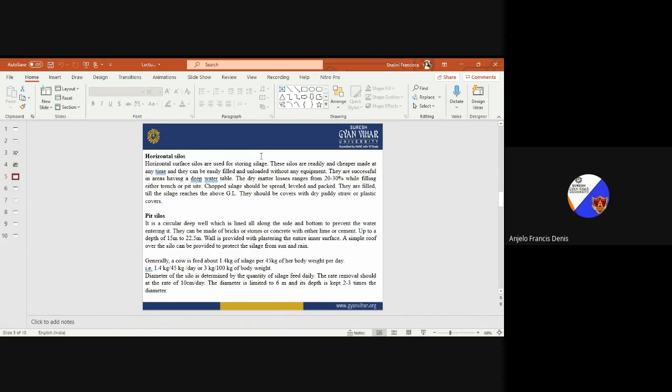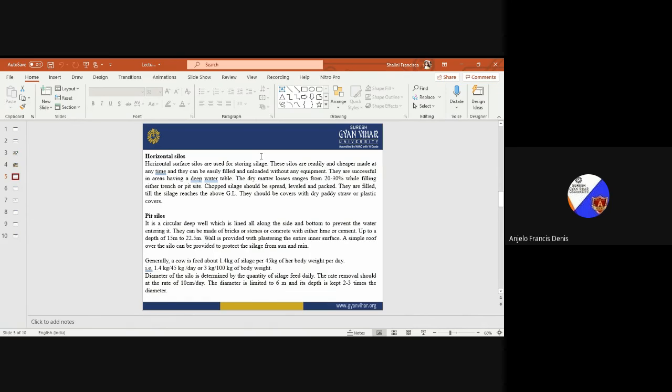Next is pit silos. It is a circular deep well-like structure which is lined all along the side and bottom to prevent water from entering it. They can be made of bricks or stones or concrete with either lime or cement, up to a depth of 15 meters to 22 meters.